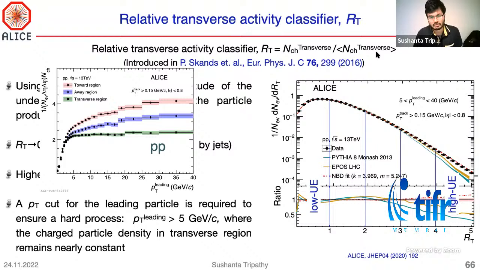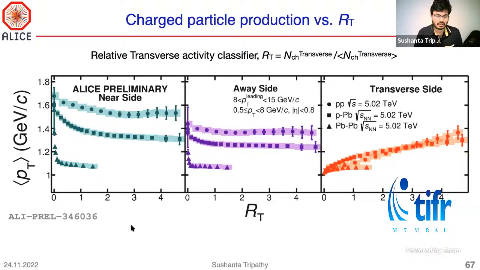So we have to ensure that we are not biasing the RT distribution with the selection of the leading particle. So this PT leading greater than 5 cut is applied, where you see that the charge particle density is insensitive to the PT leading.